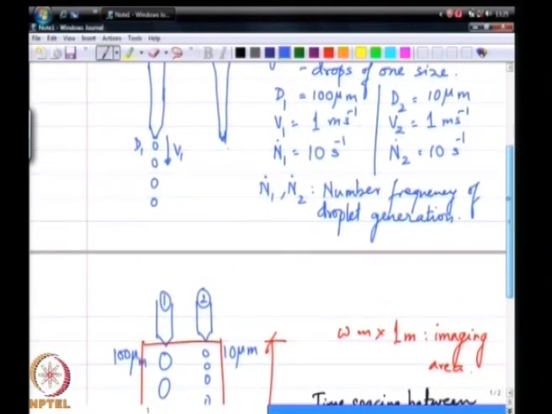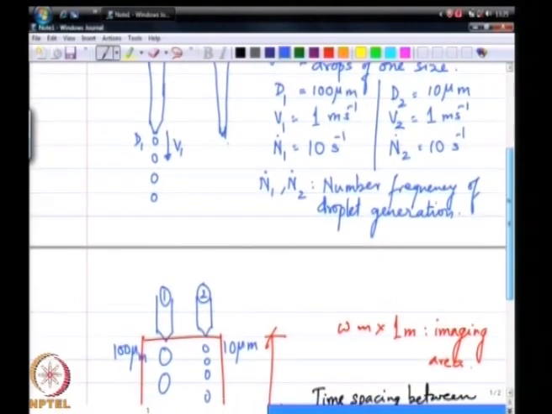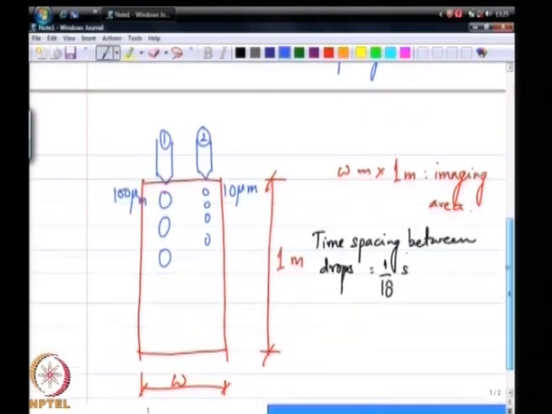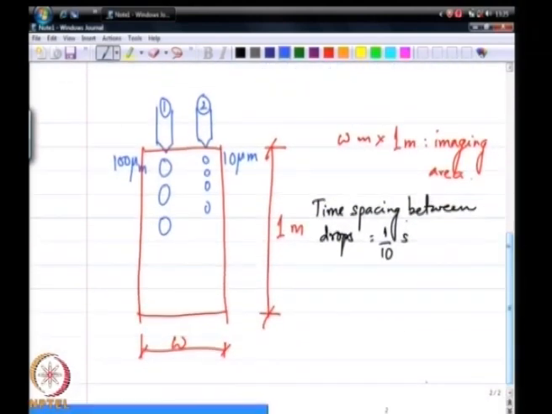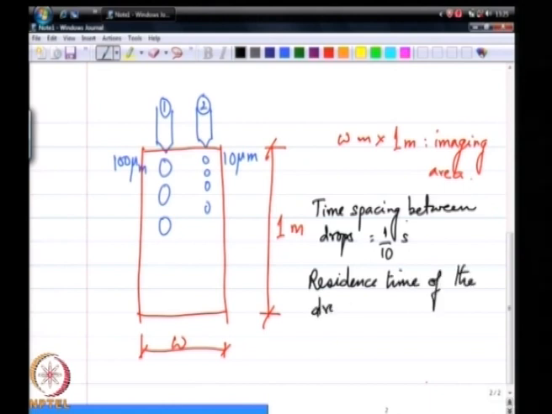Since the velocity of the drop is 1 meter per second, if the interrogation area has a height of 1 meter, the drop is going to be resident in there for 1 second. Okay. So, the second thing is to do with the residence time. It's 1 second.